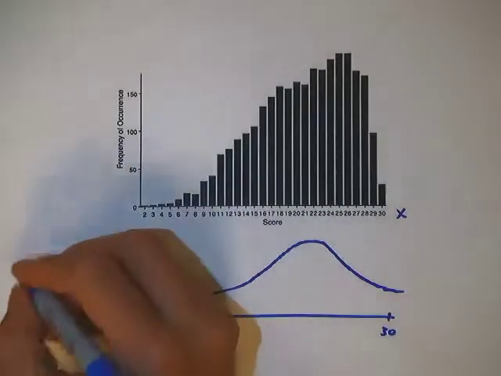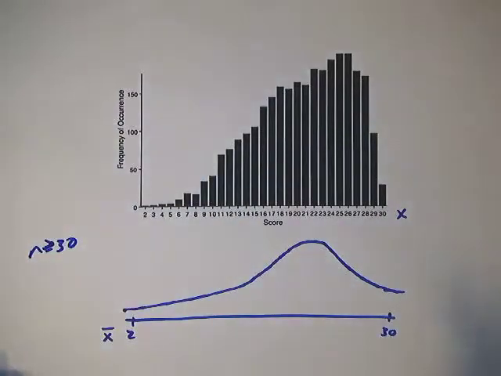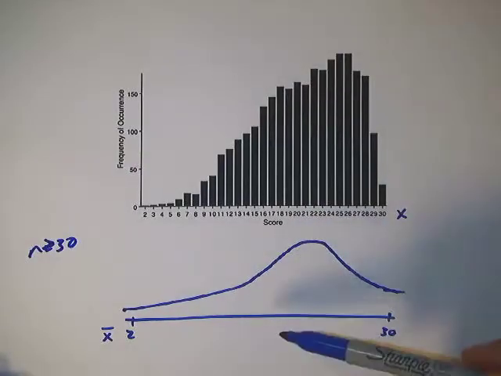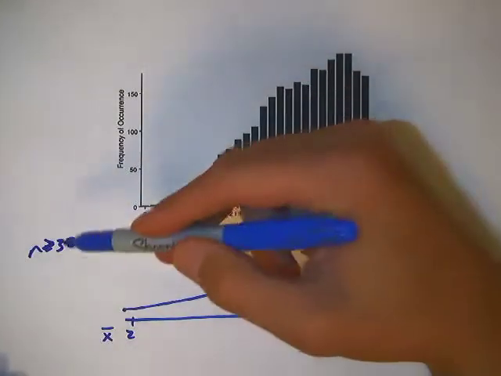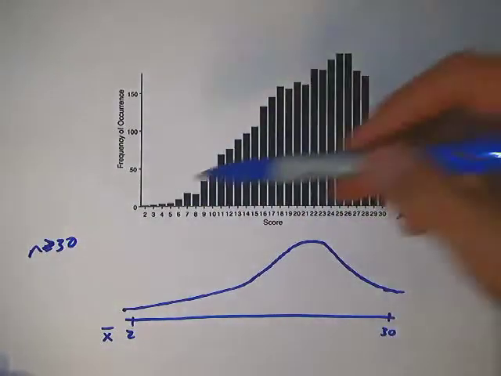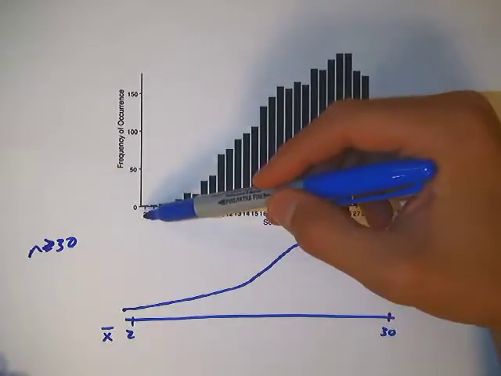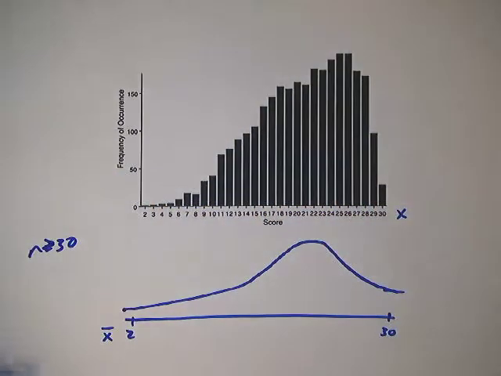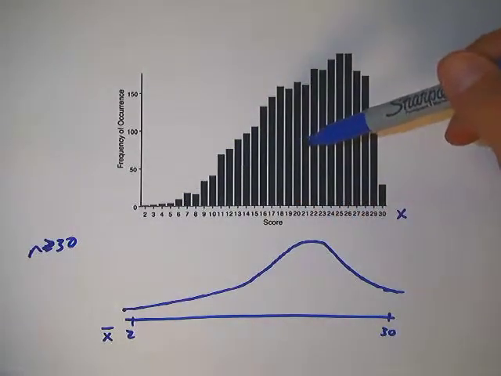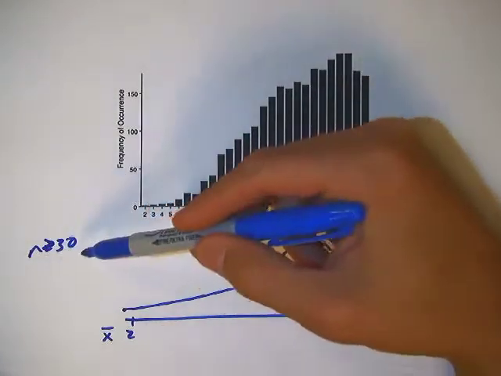But remember, n has to be greater than or equal to 30. The reason is that in order for this to take on that normal distribution, when you sample your 30 values or more, if you end up with some of these really low values in your sample, so a 2 or a 3 or a 4, it's not going to have a major effect on your sample mean if n is sufficiently large.